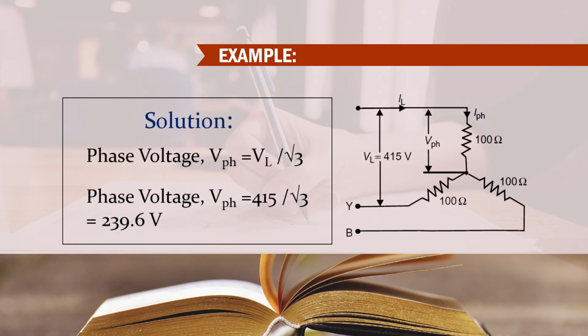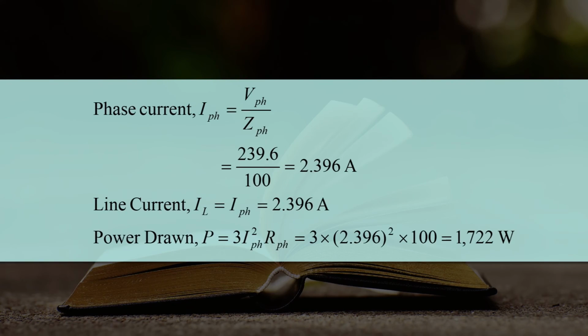Now you have to find out the phase current, because you have already calculated the phase voltage and the impedance is given. Because it is a purely resistive circuit, the impedance of a particular phase is equal to the resistance. So V phase is 239.6 and resistance is 100 ohms, so just put the values.